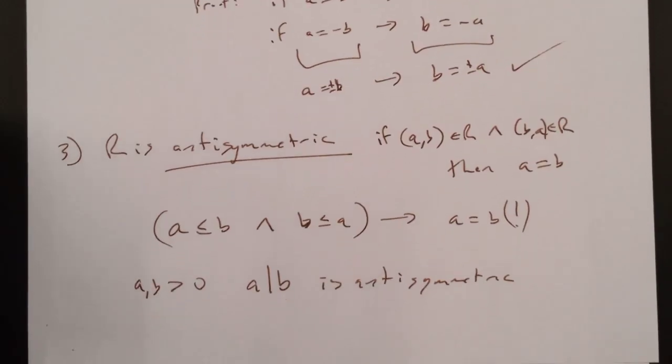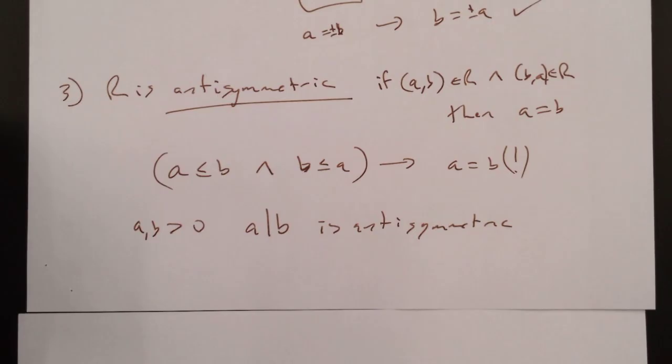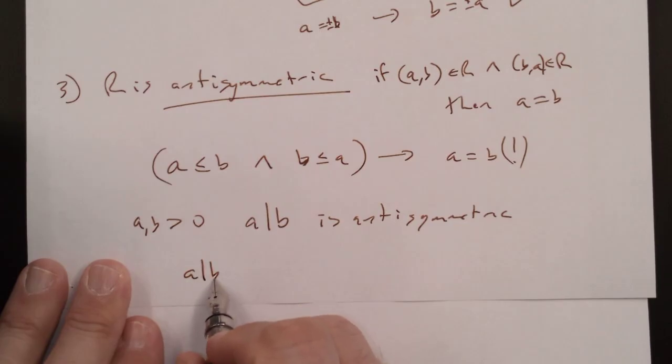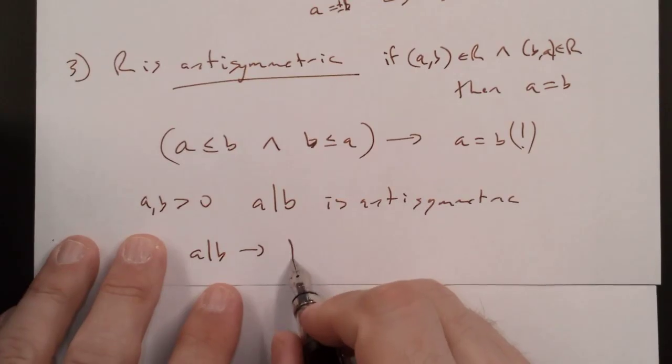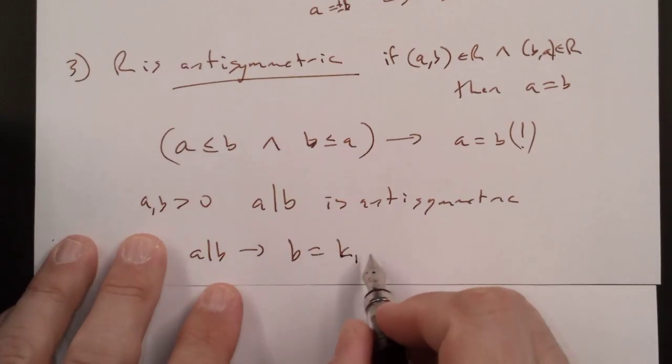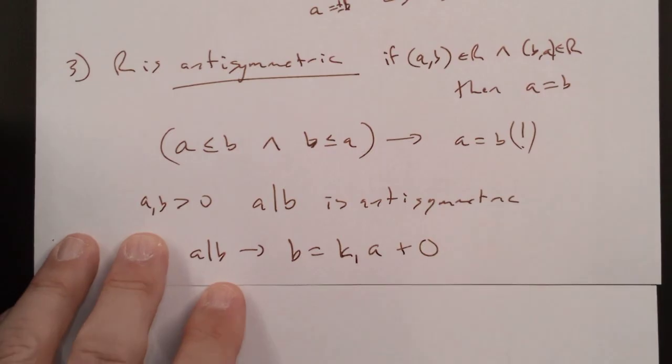Okay, wait a minute. What? Okay, if A divides B, what does that mean? Chapter 4, Section 1, divisibility. With zero remainder. That means that B can be written as a number times A plus 0.